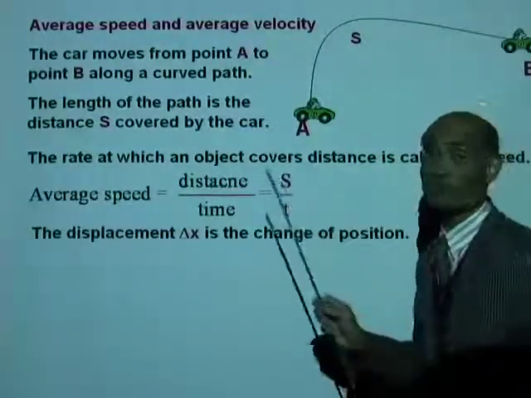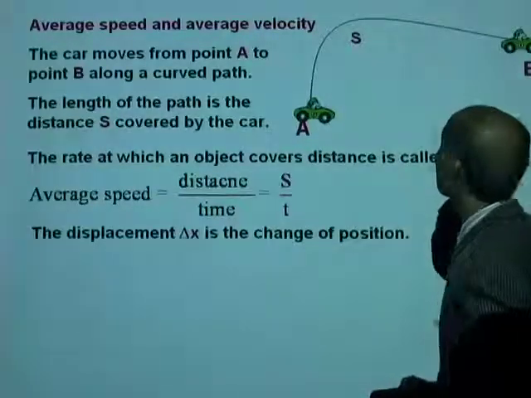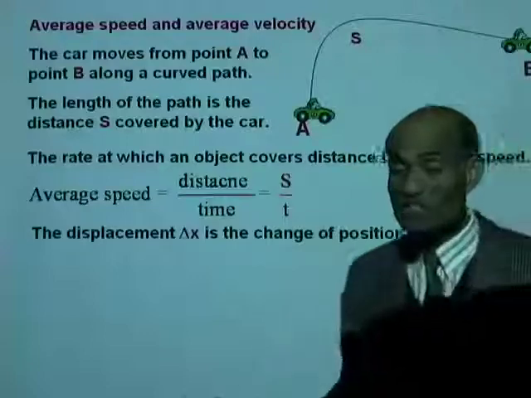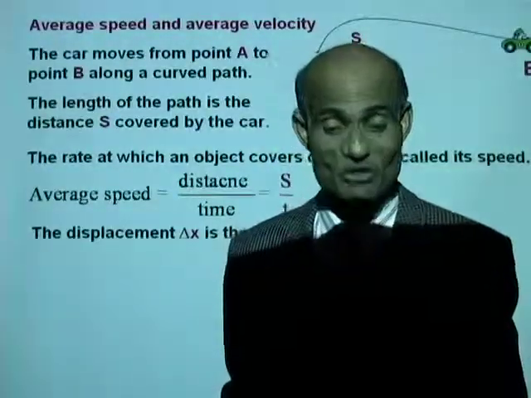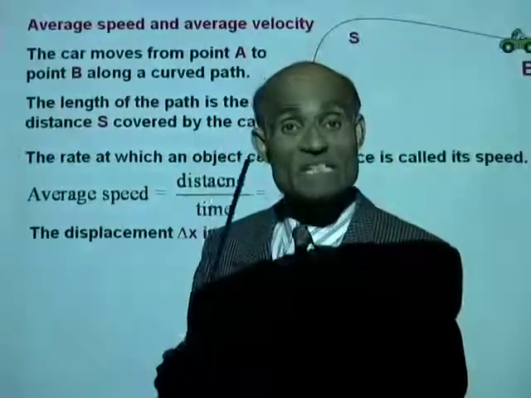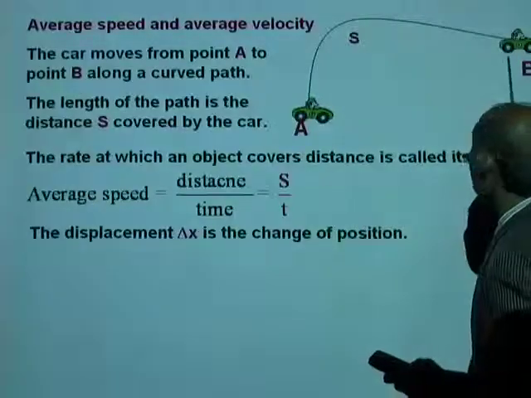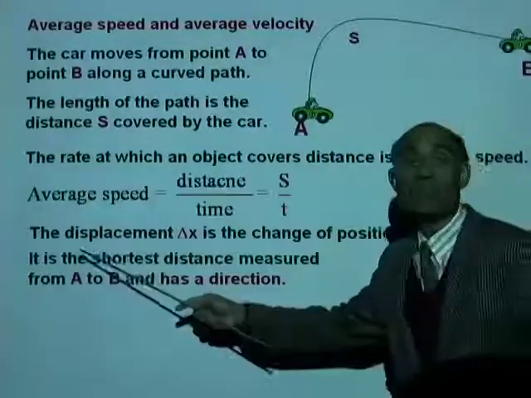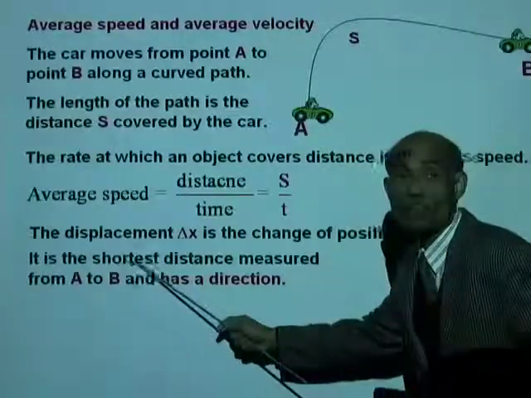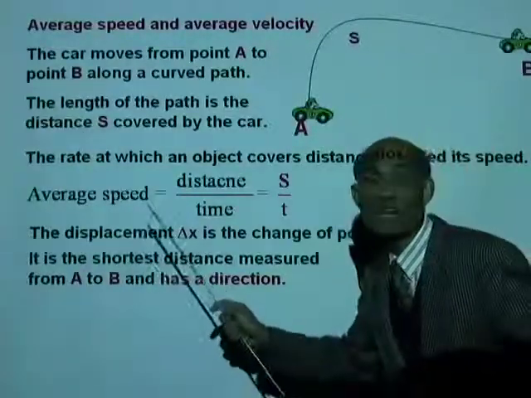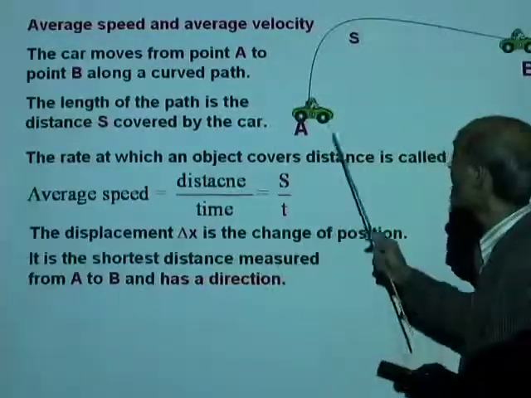But now tell me, the car moved from A to B. What is the change in position of the car? The net result is that the car moved from position A to position B, and therefore the displacement of the car is the shortest distance measured from A to B, and it has a direction.